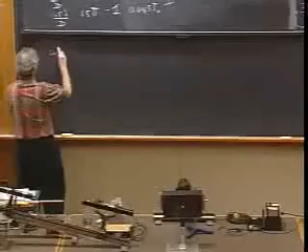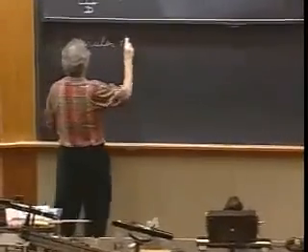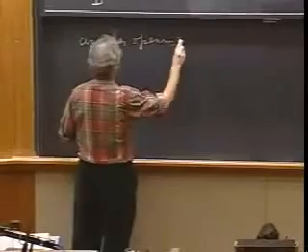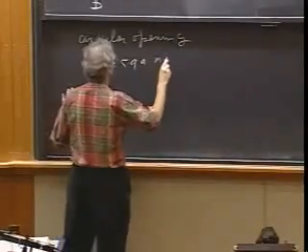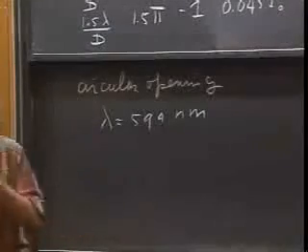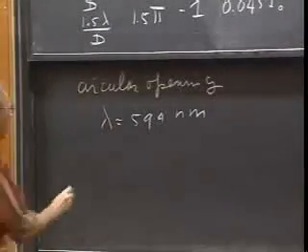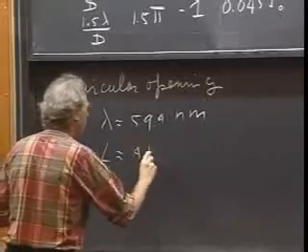So it is a circular opening, call it a pinhole, and lambda is about 594 nanometers. It's also a laser. And the distance to the screen L is about 4 meters.